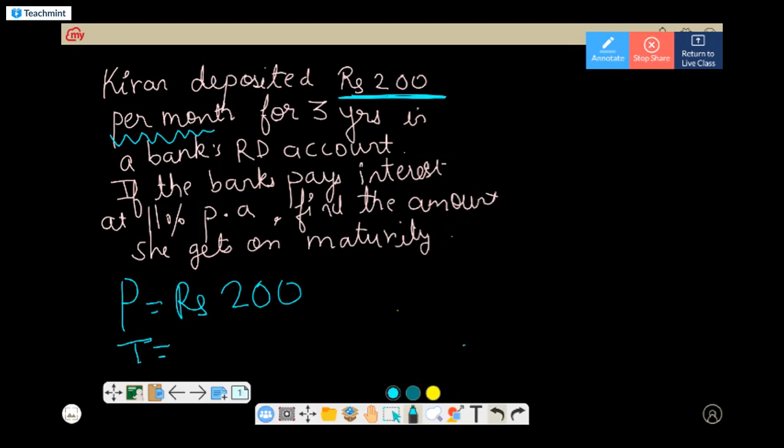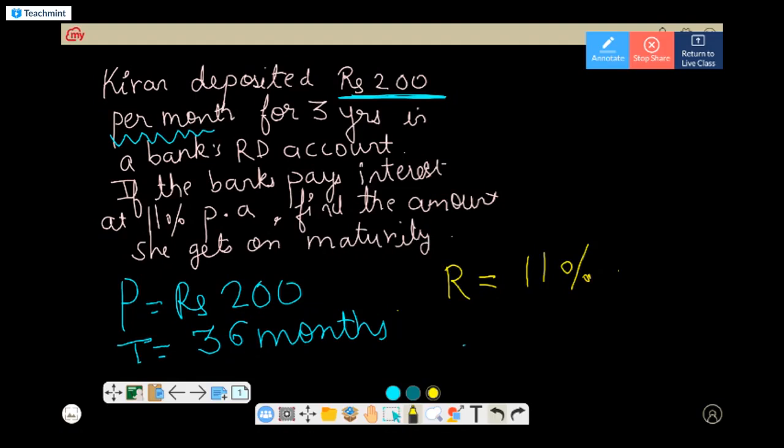And the rate of interest is given as 11%. All this information is ready. Now let's first find the simple interest, and to that you just need to add the principal, and that will give you maturity.